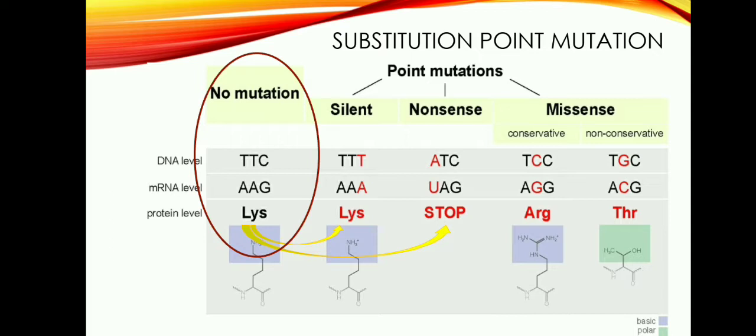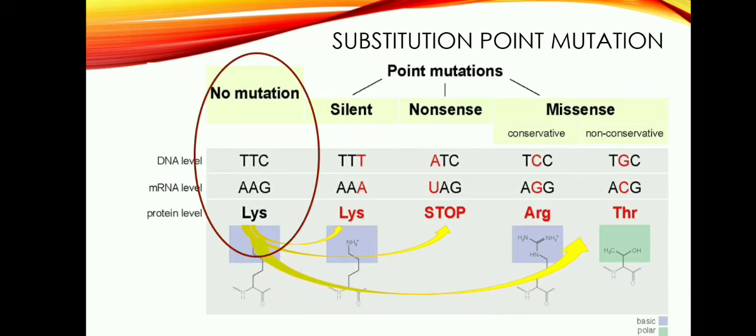Whereas in a nonsense point mutation, the substitution brings the amino acid to stop, even if there are changes in the base pairing, in A adenine uracil pairing.